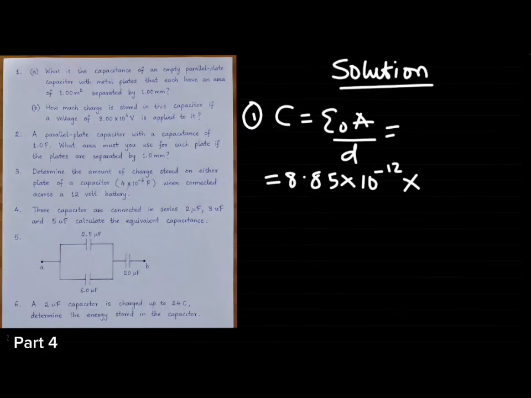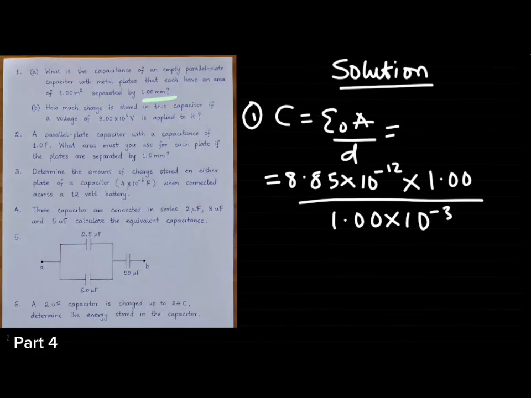My area, which is measured in meter square, is 1.00 divided by the distance, which is 1.00 times 10 raised to the power of minus 3. If you observe, it is in millimeter, so we are going to be changing it to meter by multiplying it by 10 raised to the power of minus 3.